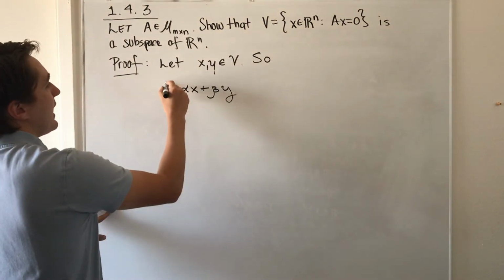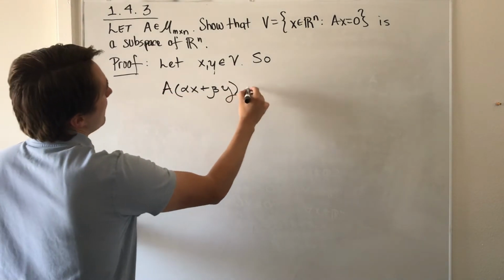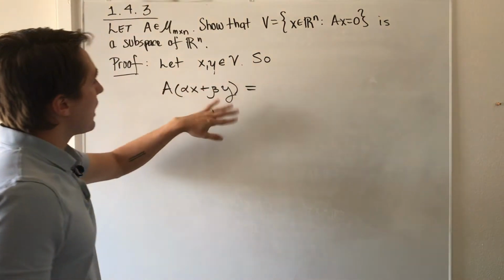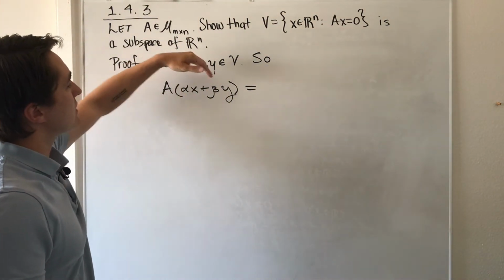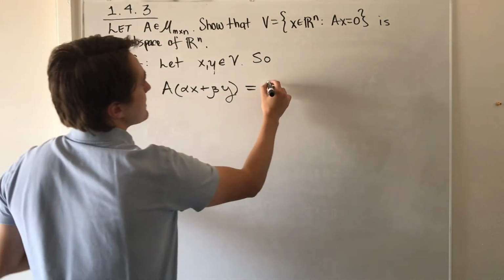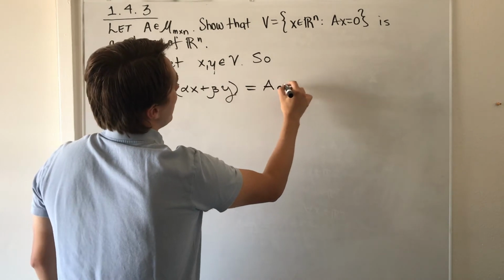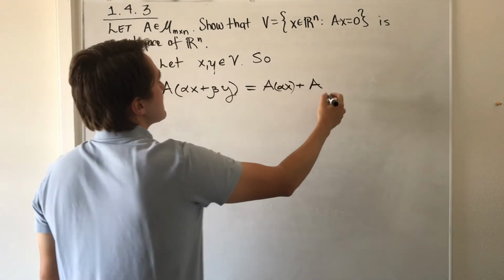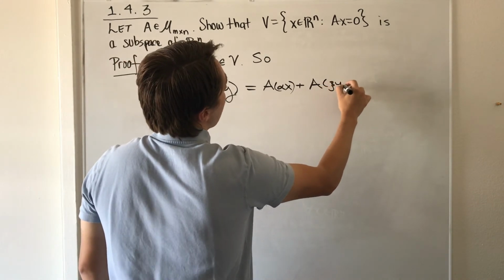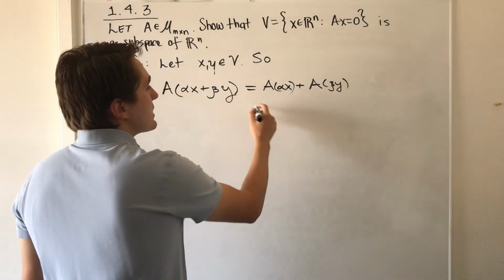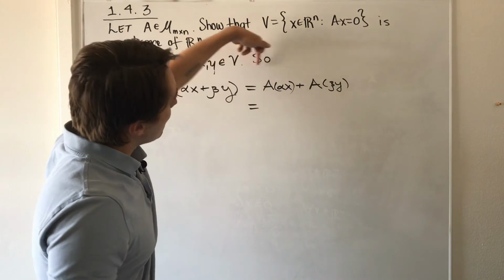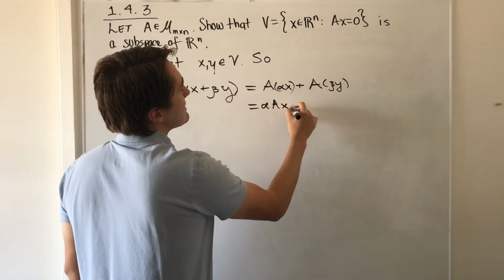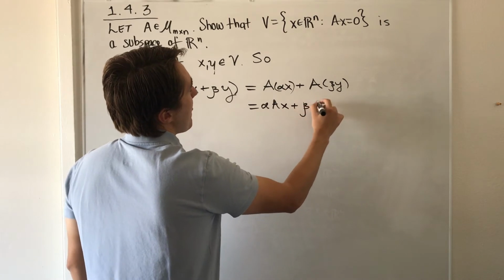I'm going to take A and multiply by this thing, alpha x plus beta y. By properties of matrix multiplication, I can split this up into A times alpha x plus A times beta y. Again, by properties of matrix multiplication, I can pull out alpha and beta, and I get alpha Ax plus beta Ay.